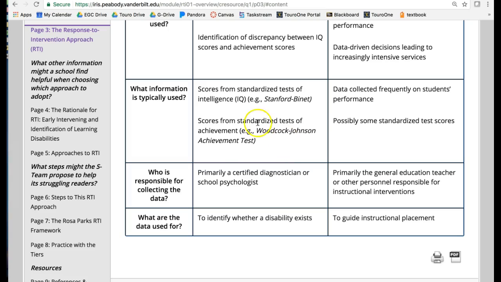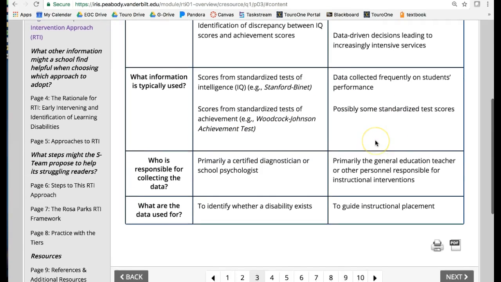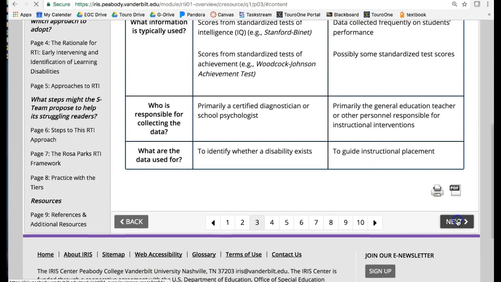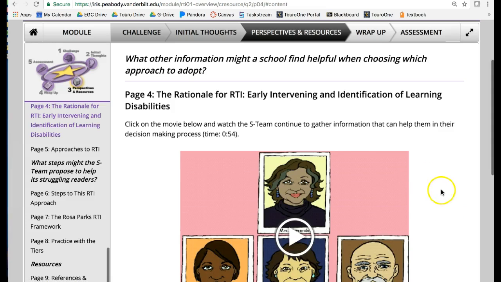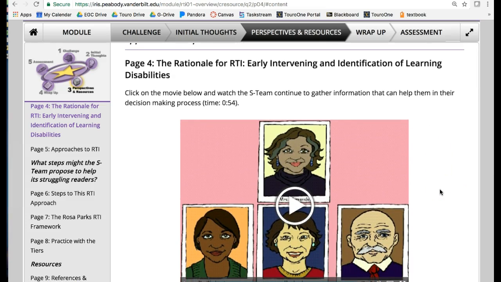So that was actually a huge change too. So we had to figure something else out. All right, so the rationale for RTI: early intervention and identification of learning disabilities.